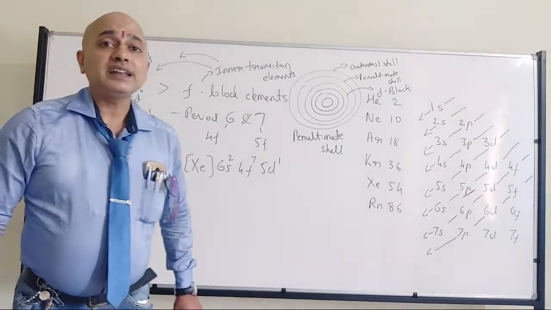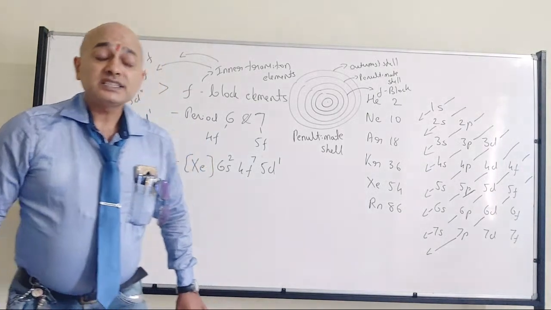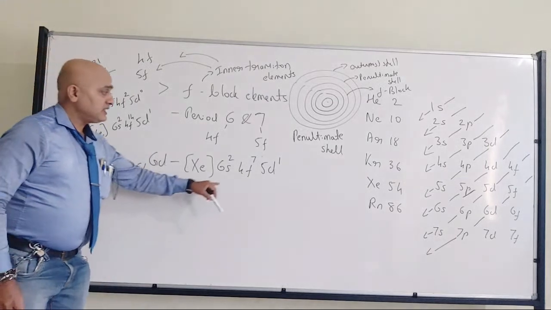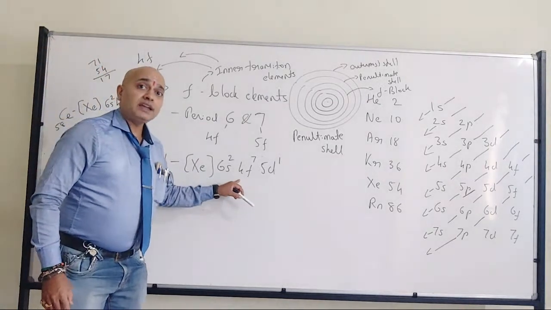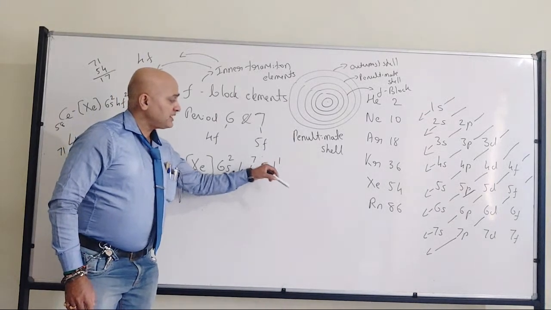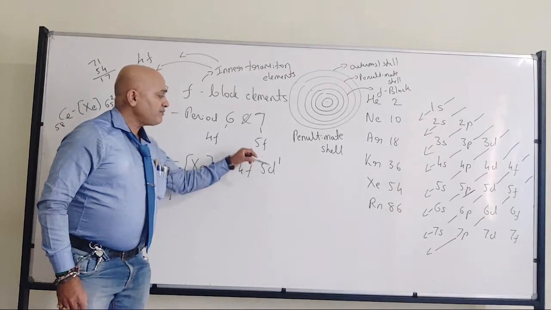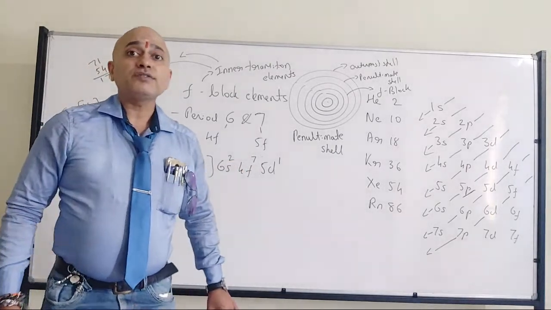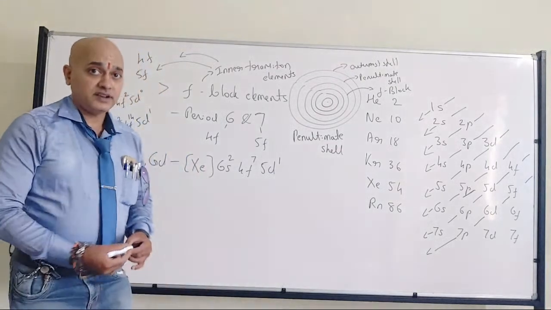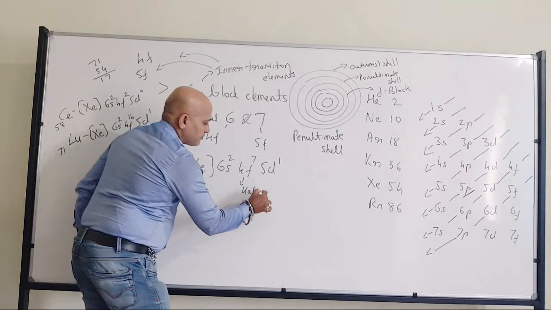Elements will prefer stable outermost electronic configuration. So instead of making 4f8, the element will push one electron to 5d so that it can have the half filled electronic configuration with respect to the f subshell. Half filled, right? So due to that, it will be quite stable.